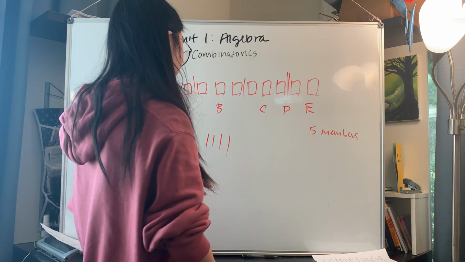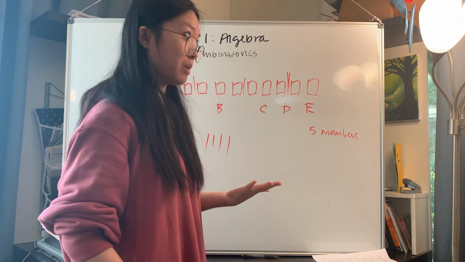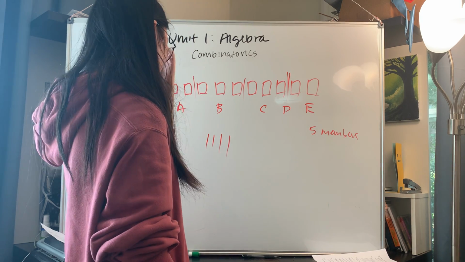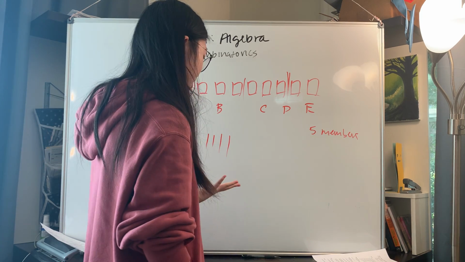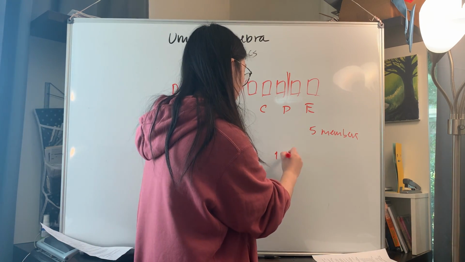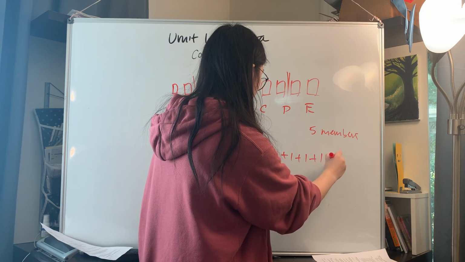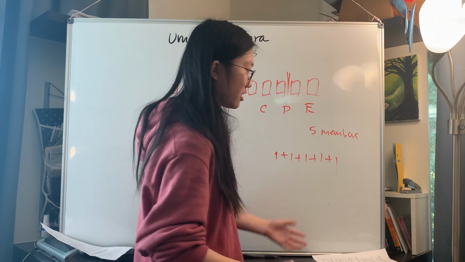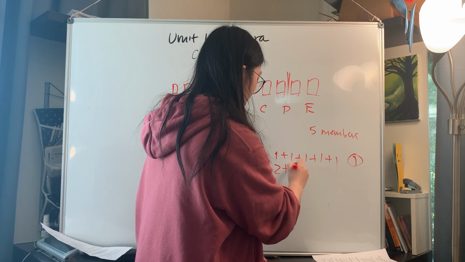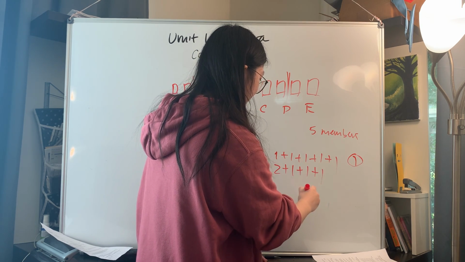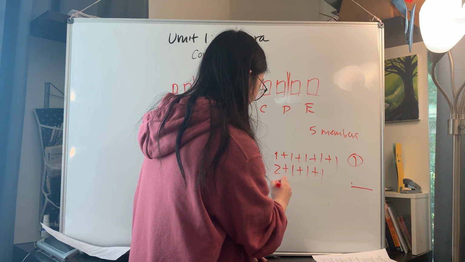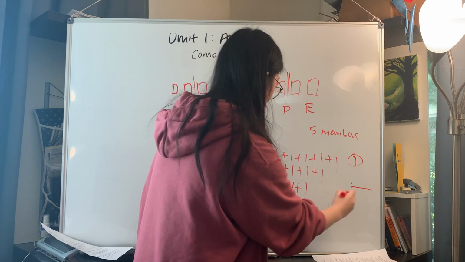I'm not quite sure how you would solve this problem without using sticks and stones, because then you have to consider how many different ways there are to add up to 5. There's 1 plus 1 plus 1 plus 1 plus 1, so everyone would get $1, and there's one way for that to happen. Or we could have 2 plus 1 plus 1 plus 1, and there's some number of ways for that to happen. Or 3 plus 1 plus 1, and there's some number of ways for that.